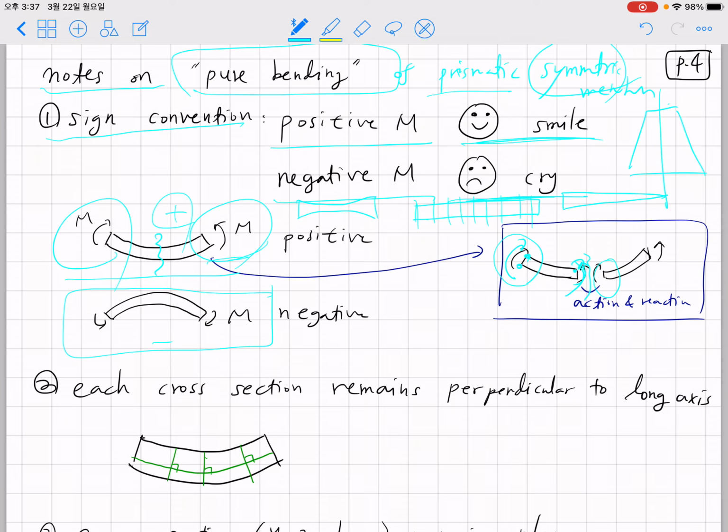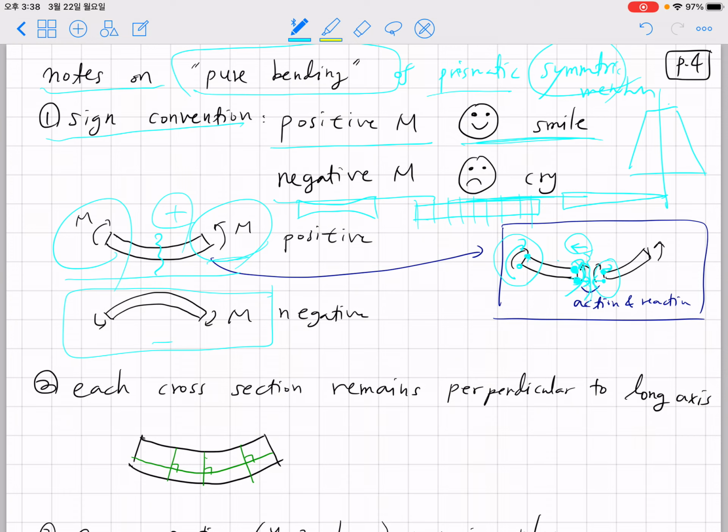It's the same for the right side, because this is under compression, which means there is a force from the right body to the left body acting in that direction to make a compression. It's opposite in the other direction, and as an action-reaction pair, for this leftward force you have a reaction to the right side, and for this rightward force you have a reaction in the opposite direction.